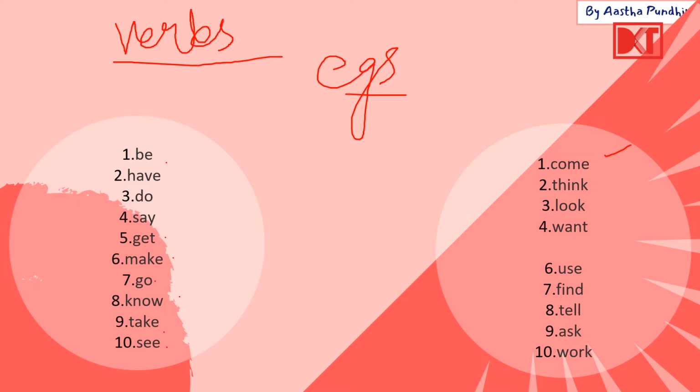Others could be come, think, look, want, use, find, tell, ask, work. So these words which tell us some kind of occurrence or state of being or some action taking place, all of these are called verbs. Okay, I missed one here, which was give. All right.